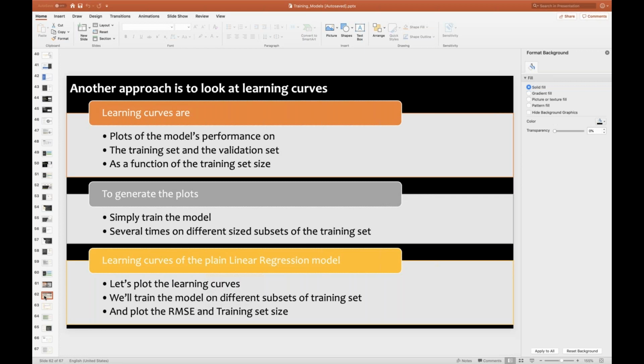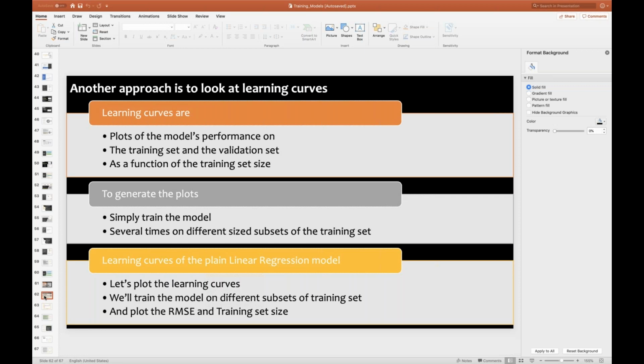To generate the plots, simply train the model several times on different size subsets of the training set. Learning curves of the plain regression model: we need to plot the learning curves. We'll train the model on different subsets of the training set, and we plot the root mean square error against the training set size. This is what it is.